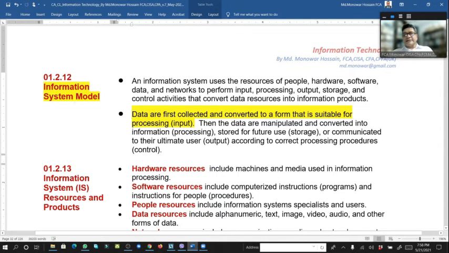Then the data are manipulated or converted into information by processing, stored for future use, or communicated to their ultimate user, that is output, according to the correct processing procedure. This is the control. So the information system model is input, processing, storage, output, and control.